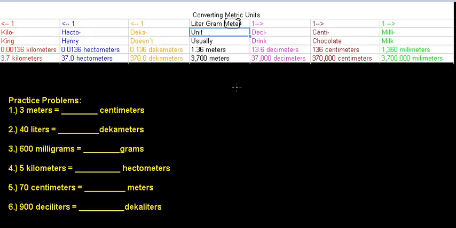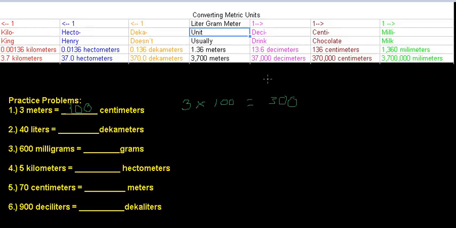That means I start with 3 and go 2 spots to the right, so 3 meters equals 300 centimeters. You can also do that by 3 times, since we're going 2 stops to the right, 100 equals 300.